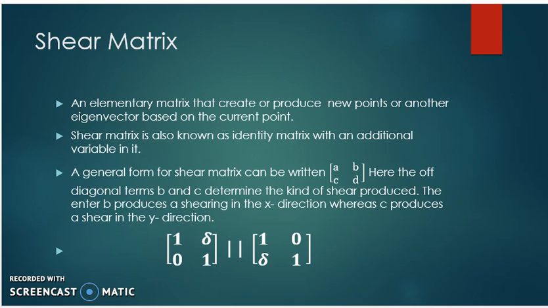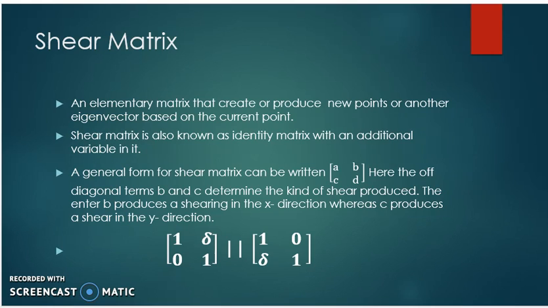And the next issue for our topic is the shear matrix, because we are trying to find the connection between the shear matrix and eigenvalues. So now we are going to define the shear matrix. A shear matrix is an elementary matrix that produces new points, or another eigenvector, based on the current point.